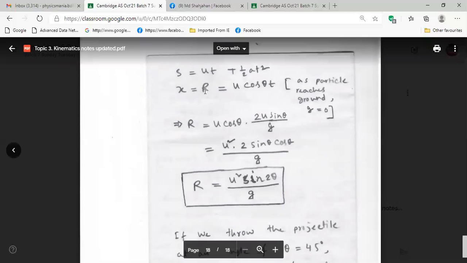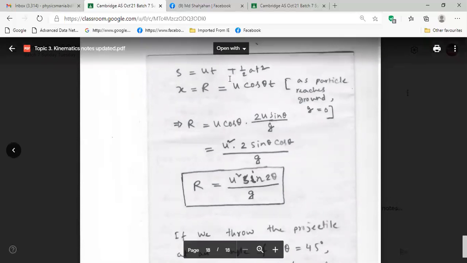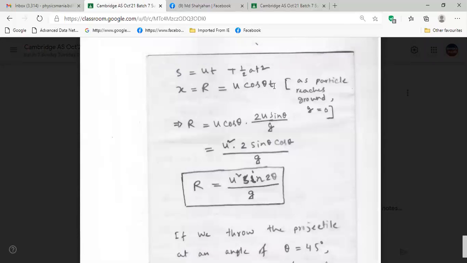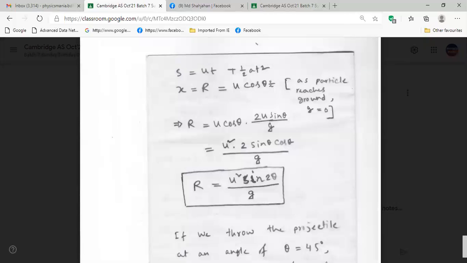So this one is range. Now, when we have this equation, we are writing u cos theta t, and that is coming from the first part, ut. In the horizontal component we have u cos theta, right?